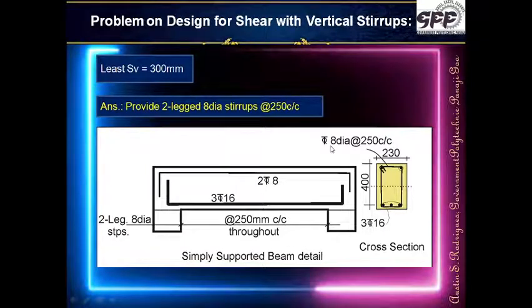Here we need not write two-legged because the two vertical legs are clearly seen over here, so it is understood that it is two-legged. One leg, second leg, 8 dia stirrups at 250 mm center to center. The 250 mm center to center starts from the face of this and goes on to the face of this. So that's how we detail a beam after designing.